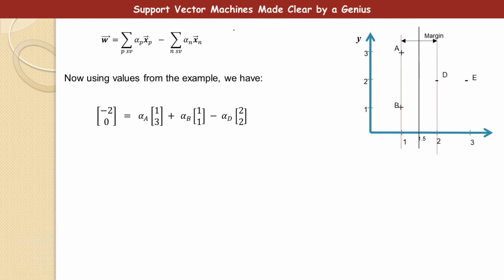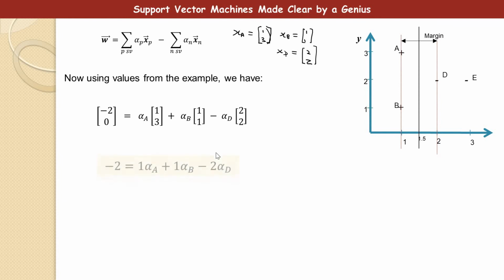We have x a equal to 1, 3, because they are vectors. x b equal to 1, 1, and x d equal to 2, 2. So that is how we came up with this equation, and we are multiplying by alpha values, and this is what we have.